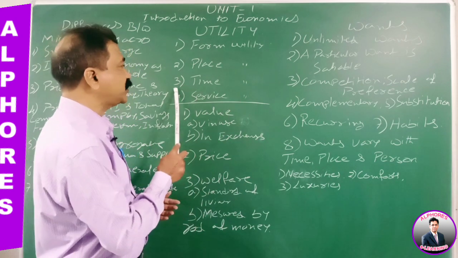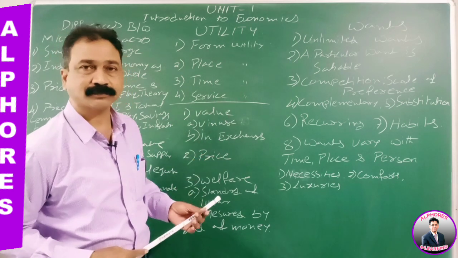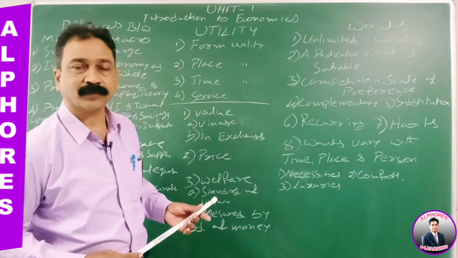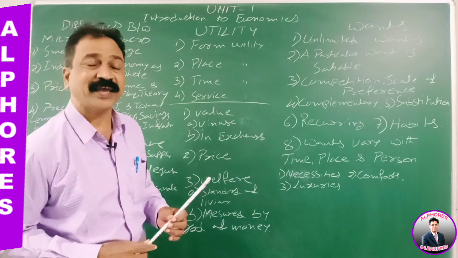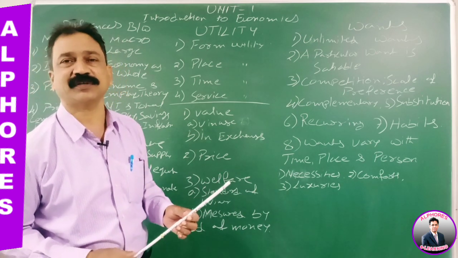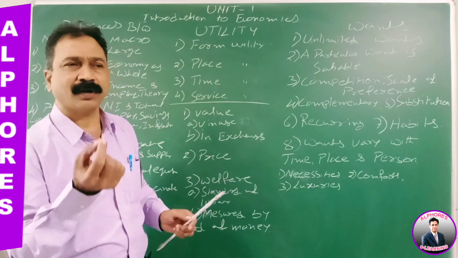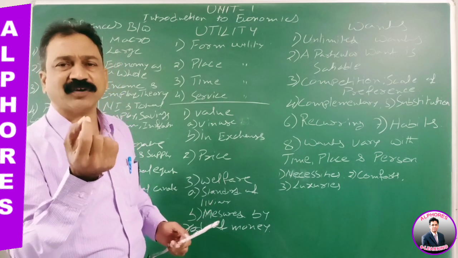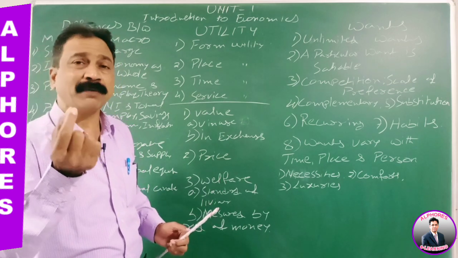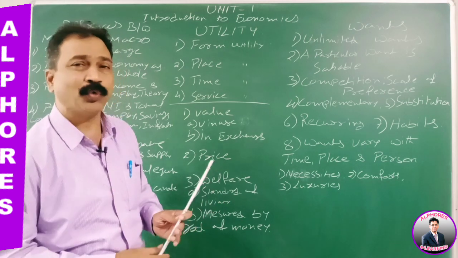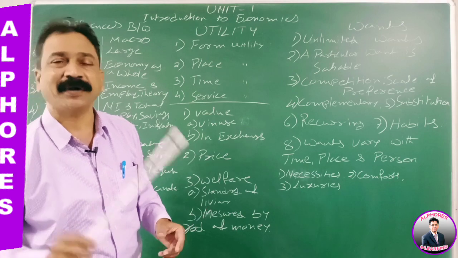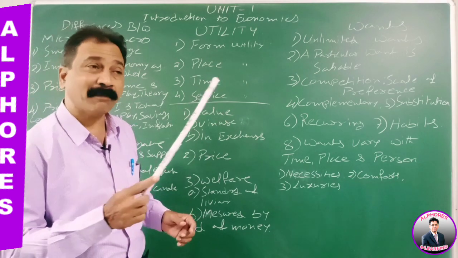Okay, next one is time utility. How this time utility? For plenty of commodities, they have a time of utilization. Like your Diwali crackers. They manufacture those crackers all over the year. But when do you use them? Particularly on Deepavali time or in the marriages time.